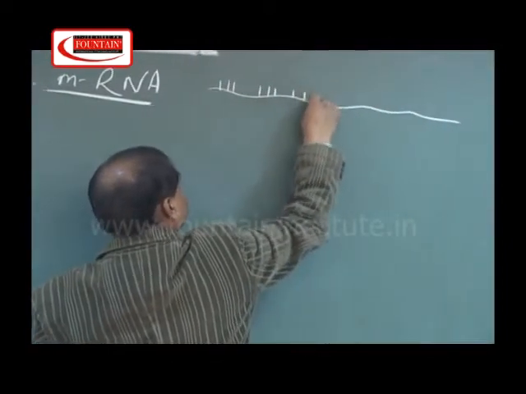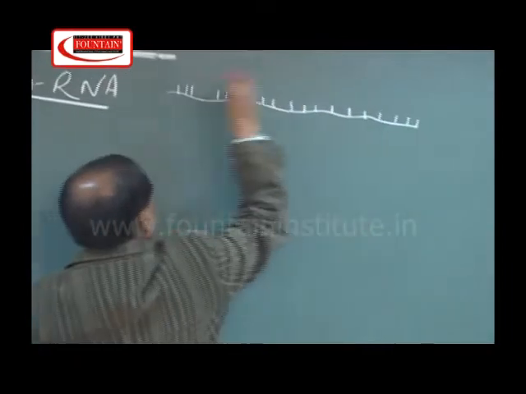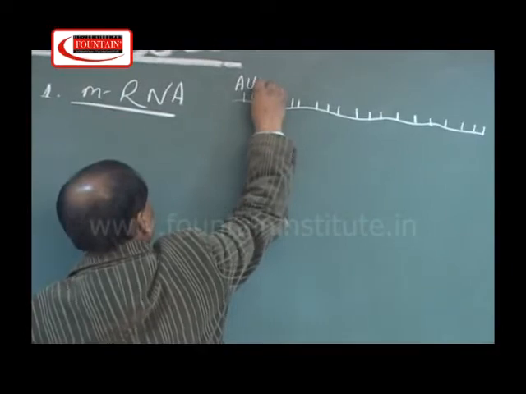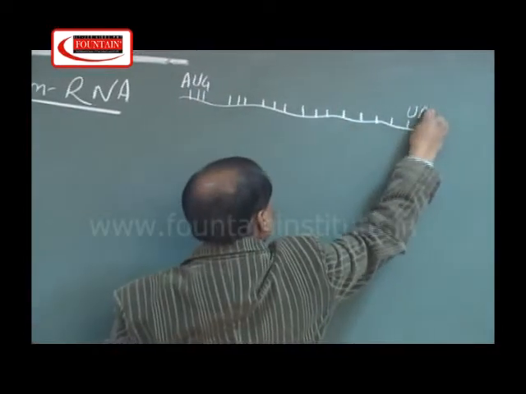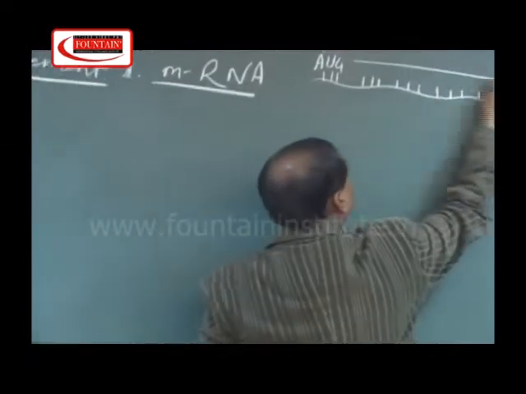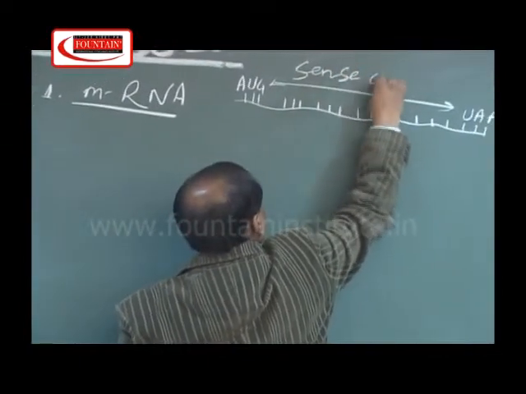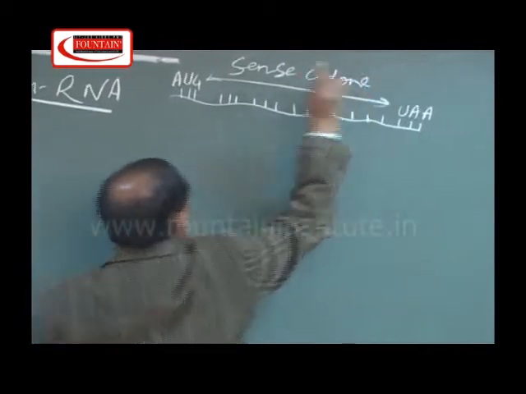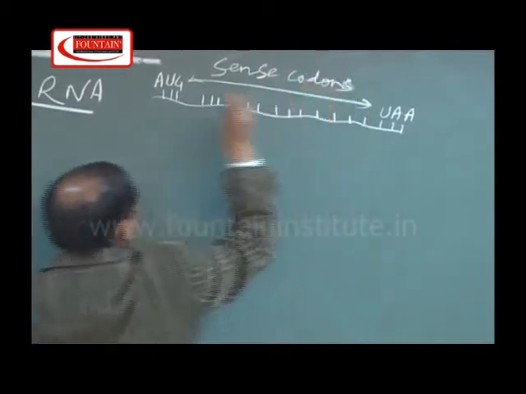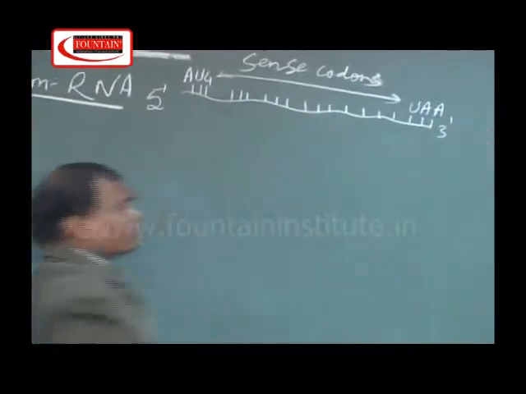The initiation codon is AUG and the termination codon is UAA, and in between these the sense codons are there. The direction of this mRNA is 5' to 3'.